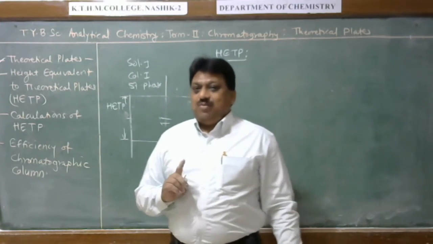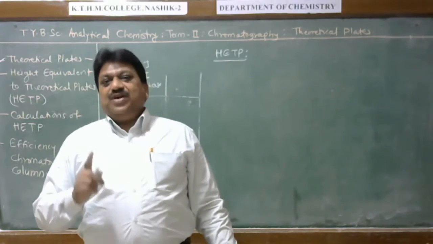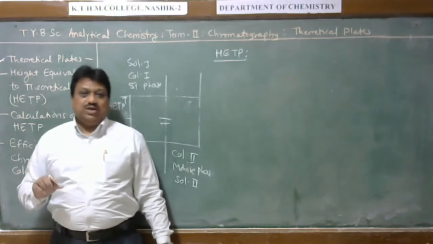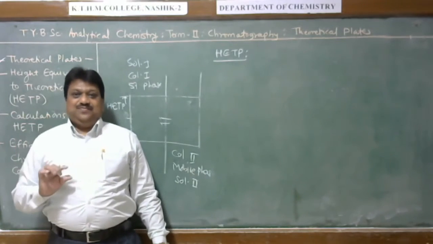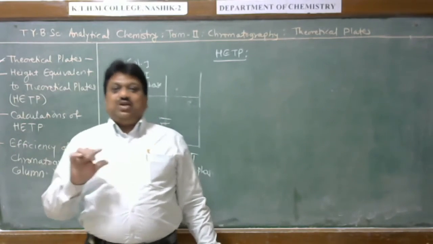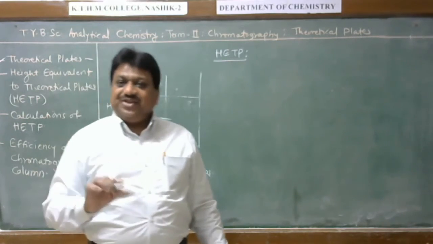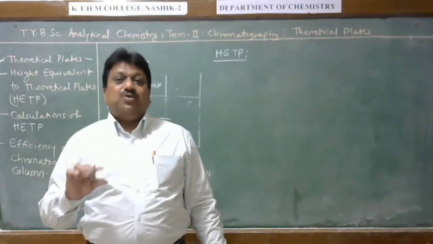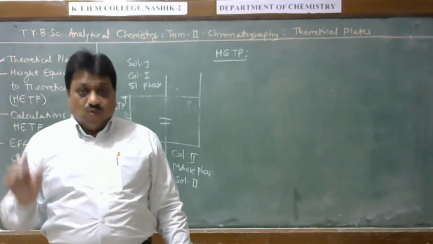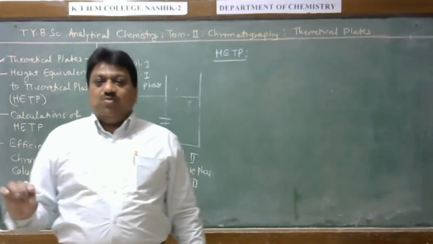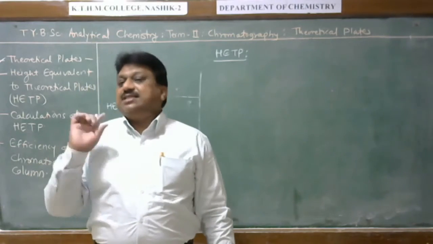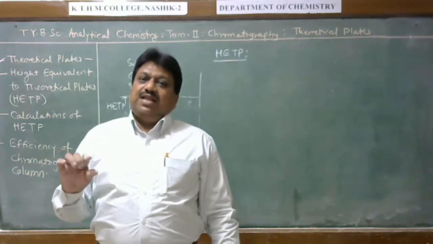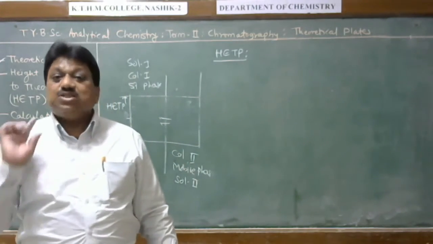In adsorption chromatography, if the number of functional groups on the stationary phase is more, then height equivalent to theoretical plate is small. In case of liquid chromatography, or partition chromatography, when the solubility of sample component in the stationary phase is more, then a smaller volume of stationary phase can dissolve the maximum number of solid molecules. In that case, the height equivalent to theoretical plate is small.